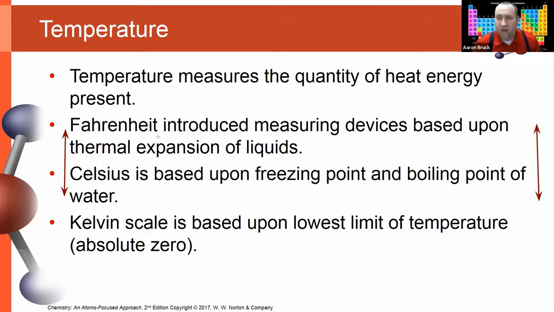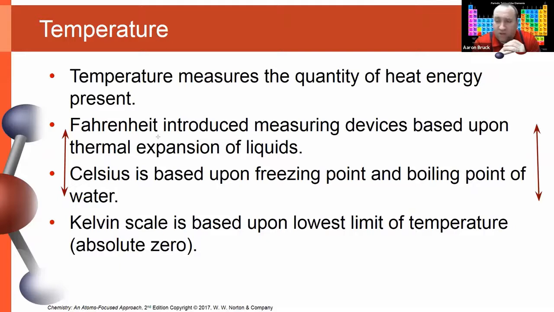So Fahrenheit was all about making thermometers that included liquids that would expand or contract based upon temperature changes. So you heat up a mercury thermometer, the mercury inside expands, and it goes further up into the glass tube. It cools down, it contracts, it comes down in the tube as well.